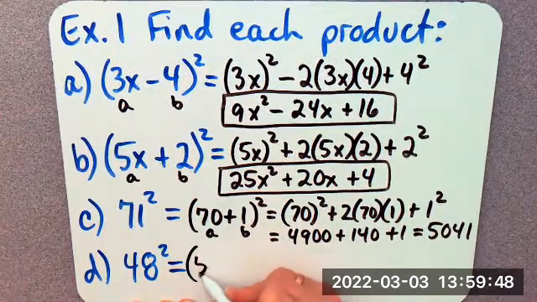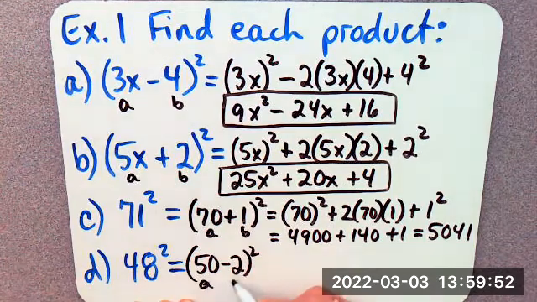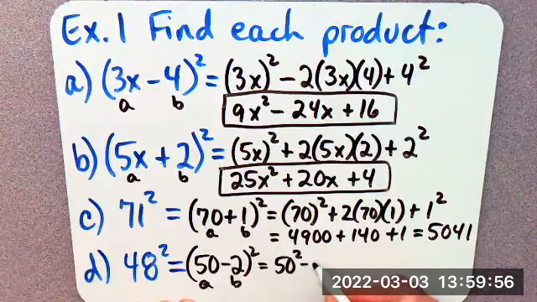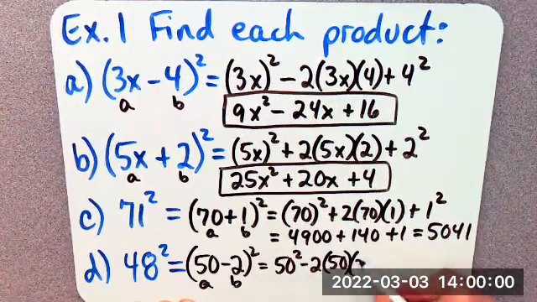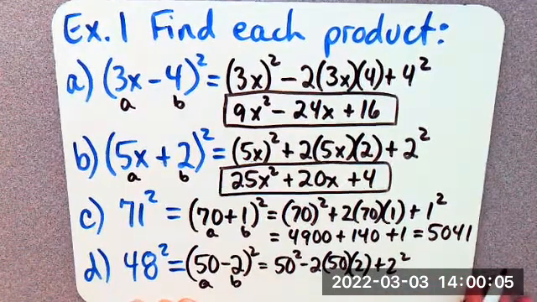This one could be the same as 50 minus 2 squared. So we have a, we have b, and then 50 squared minus 2 times 50 times 2 plus 2 squared.